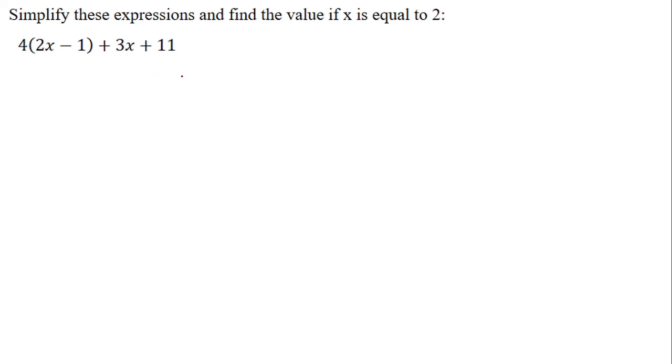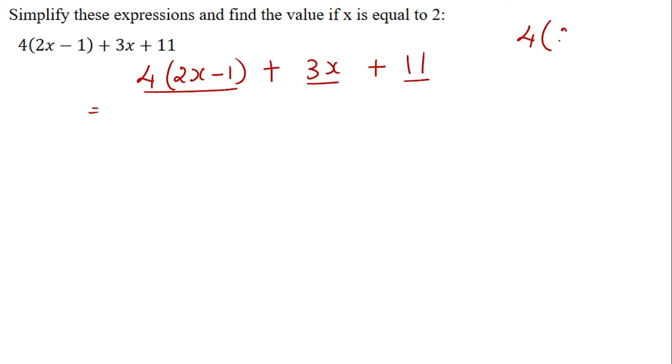Moving ahead. So we have 4 into 2x minus 1 plus 3x plus 11. We need to simplify this. So this is the first term, second term, third term of the algebraic expression. So simplifying this, 4 into 2x minus 1, if there is no sign, it is plus, right?